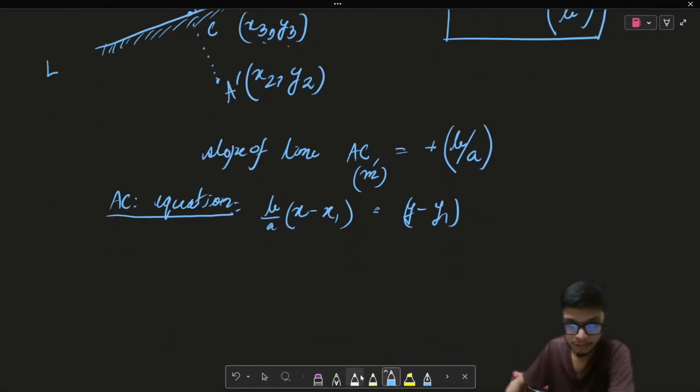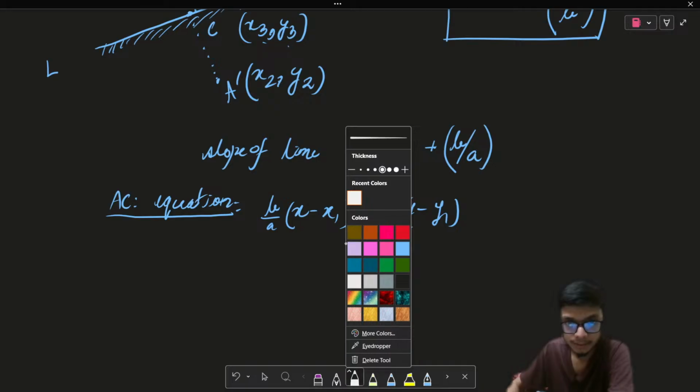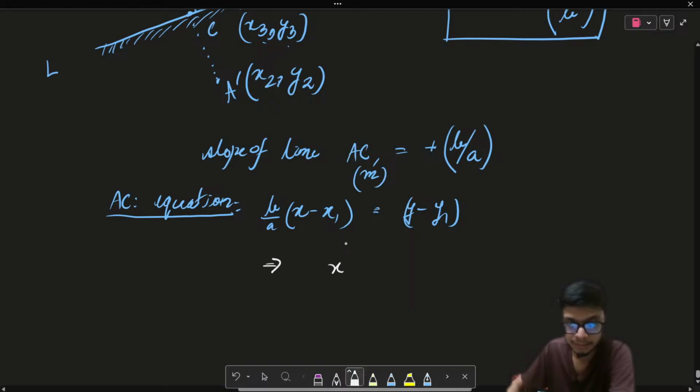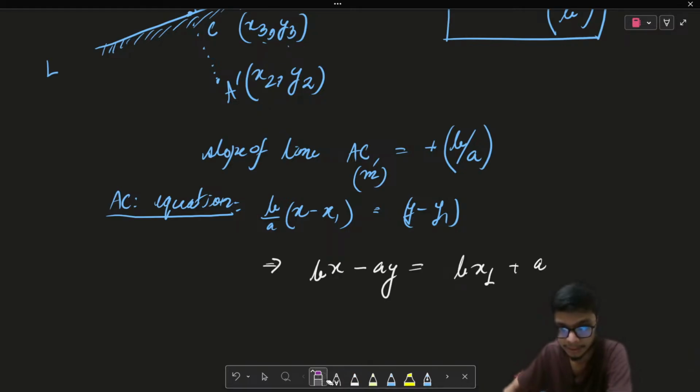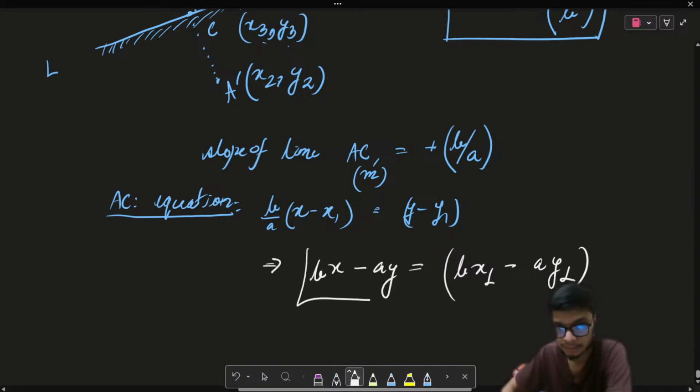So if I solve this, I will generate the equation of the line AC, that is x times b minus a times y is equal to b times x1 minus a times y1. So this is the equation of the line.